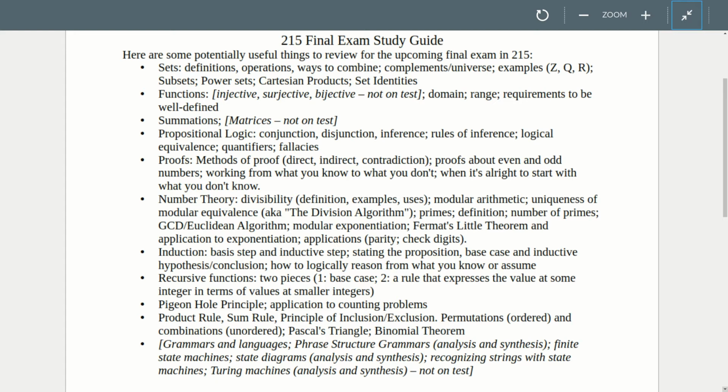Cartesian products are a way to combine two sets to create a new set, and this is where we talked about tuples.